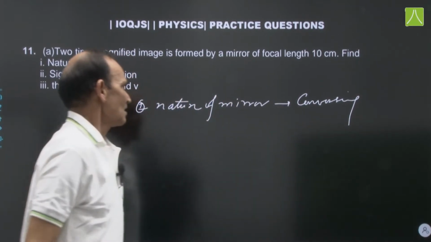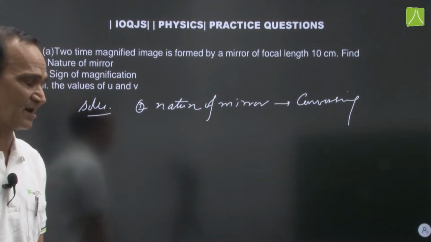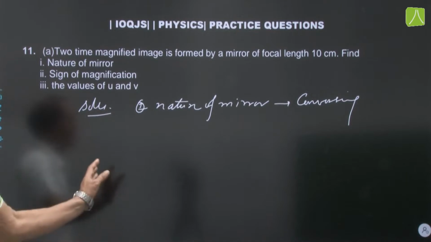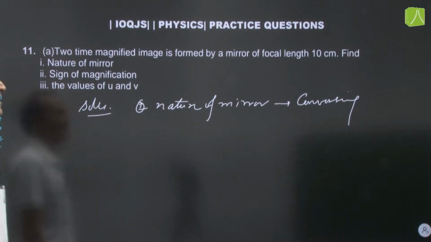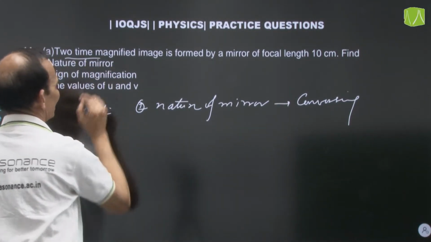because a convex mirror will never form a magnified image. It is 2 times magnified.